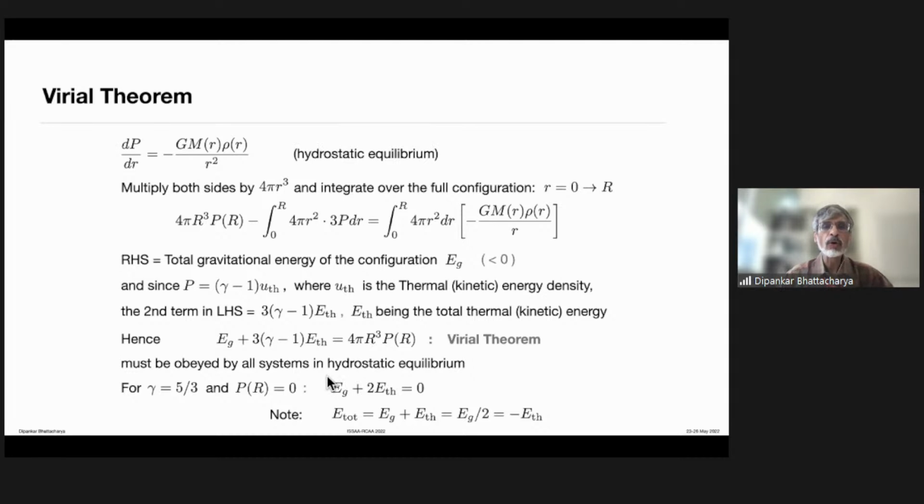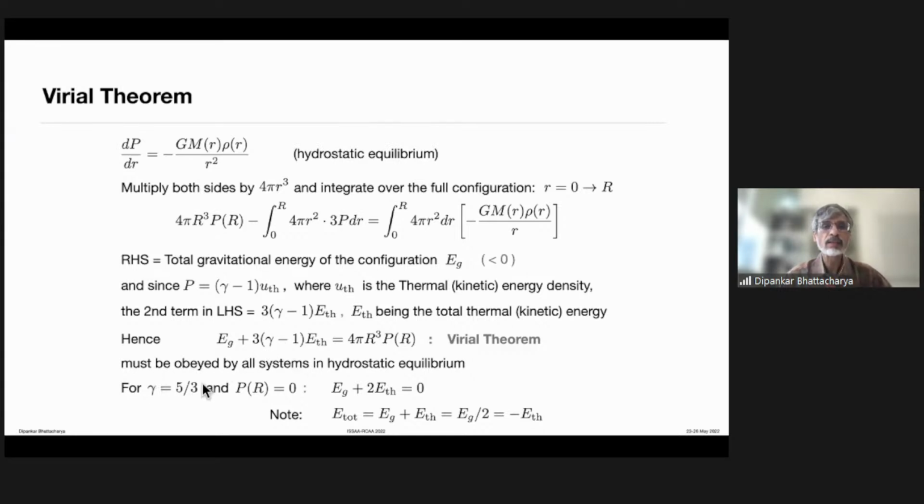And for thermal pressure of normal material, a monoatomic gas, remember the material inside is practically ionized, so the entire star, monoatomic consideration is fine.